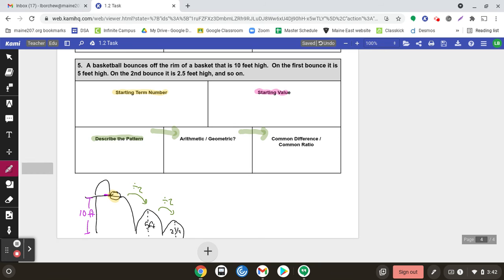So at the very top, has the basketball bounced at all? No, you've just shot it. There's no bouncing that happens when you've just shot. So we're going to call that 0 bounces. And again, the starting term number is 0, but I might as well use the units and label it since I've got it.